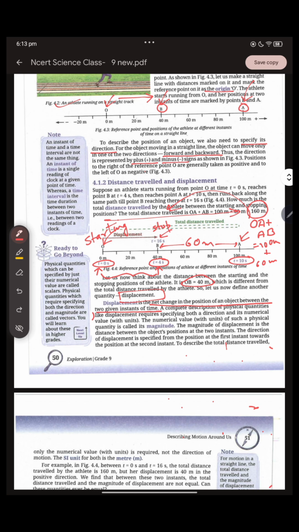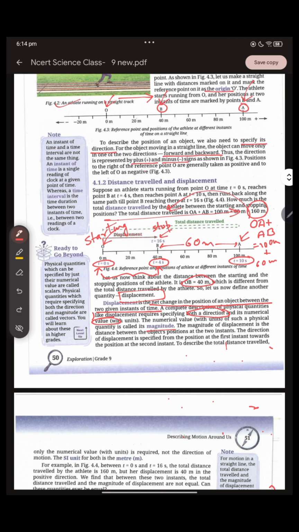So a complete description of physical quantities like displacement requires what? It requires direction as well as the value, which is the magnitude. The value is known as the magnitude. And here the magnitude of the displacement is 40 meter.